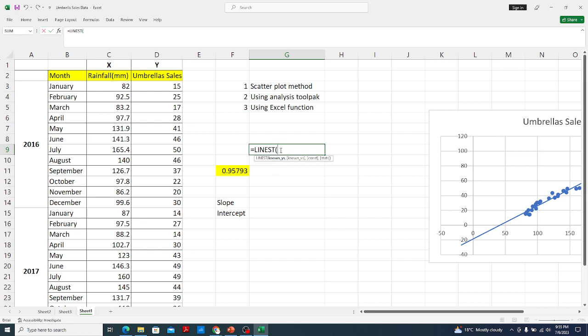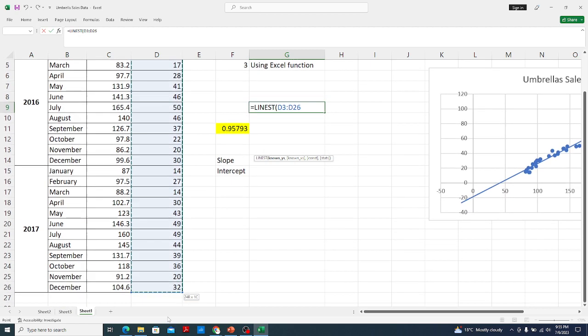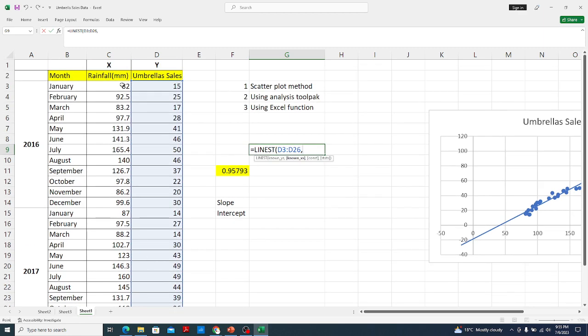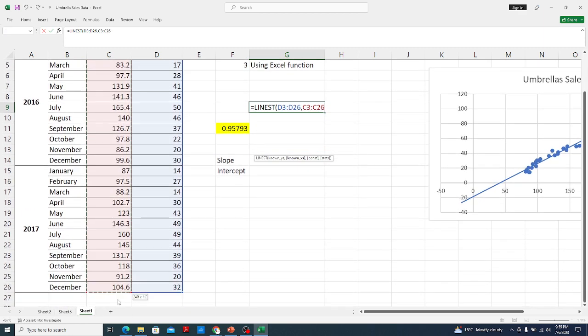Then what do we need? We need only the known y's and the known x's. We start with the known y's, the range of all the y values, and then the values of our known x's. When I run this, I get two values: the slope and the intercept.